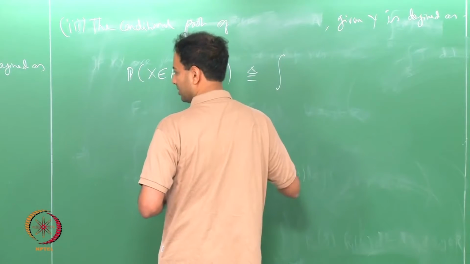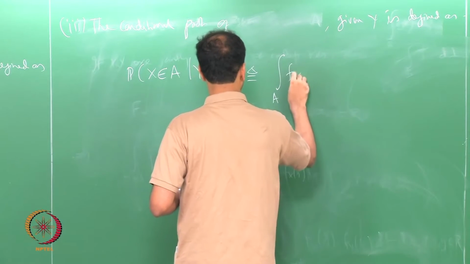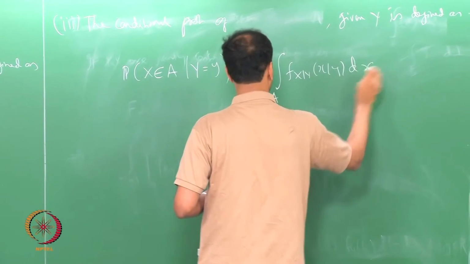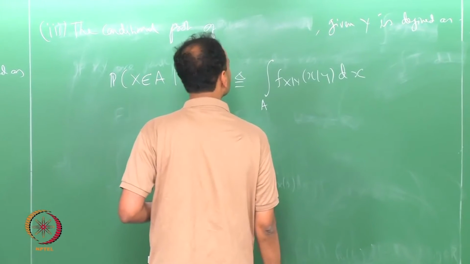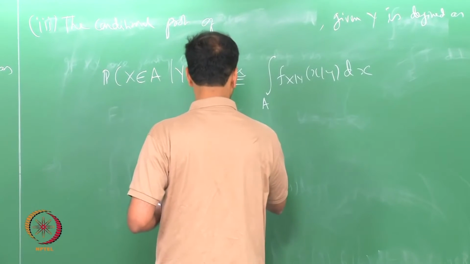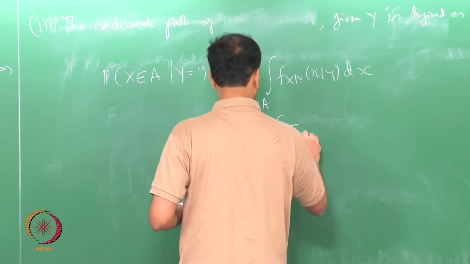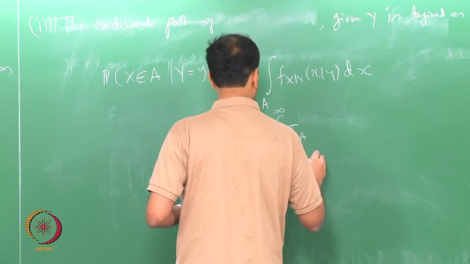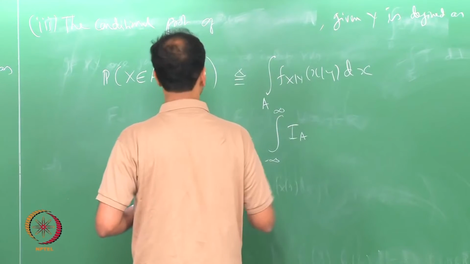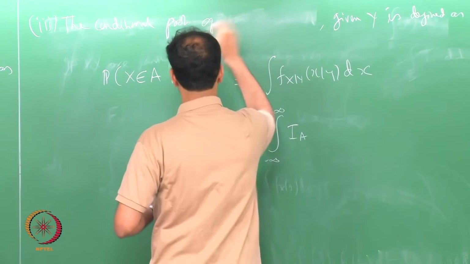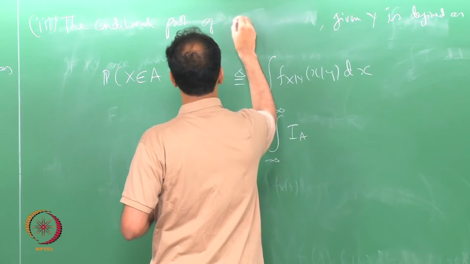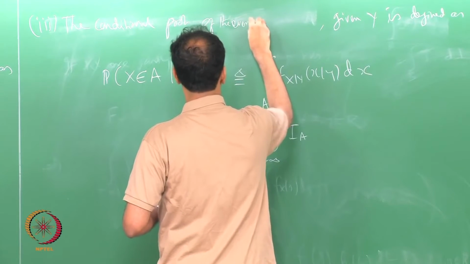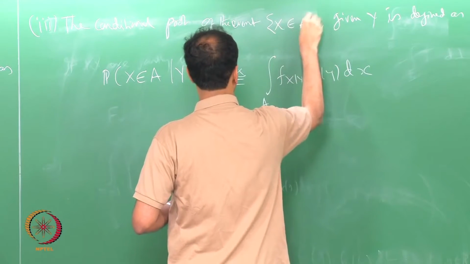the integral over A of f x given y of x given y dx, okay, which is again nothing but the indicator of A. So I should probably say the conditional probability of the event x belongs to A, right.